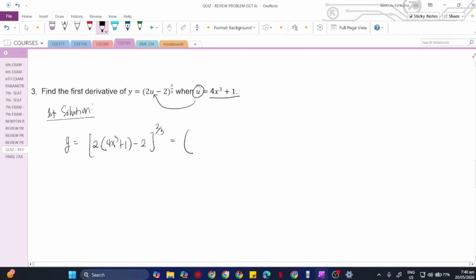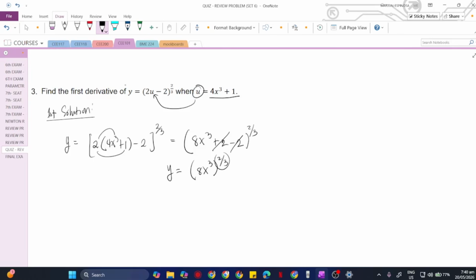Let's simplify this one. 2 times 4x cubed would give us 8x cubed. 2 times 1 would give a positive 2. Then subtracted by 2, and then raised to the power of 2 thirds. This will just be cancelled. Therefore, our y would be equivalent to 8x cubed raised to the power of 2 thirds.